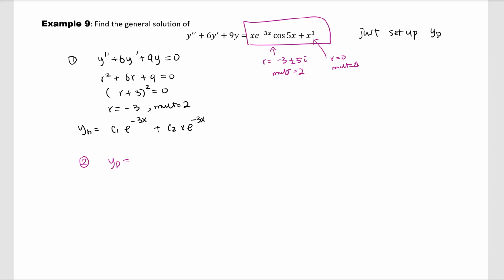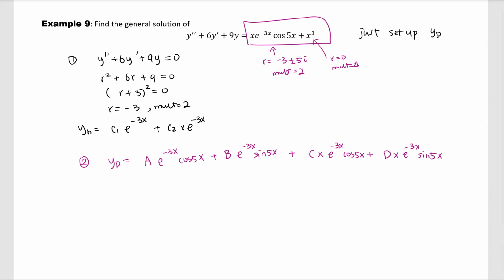So when we set it up, the first guy with multiplicity 2, we start with a e to the -3x cosine 5x, and b e to the -3x sine 5x. And multiplicity 2, so we keep going, cx e to the -3x cosine 5x plus dx e to the -3x sine 5x.